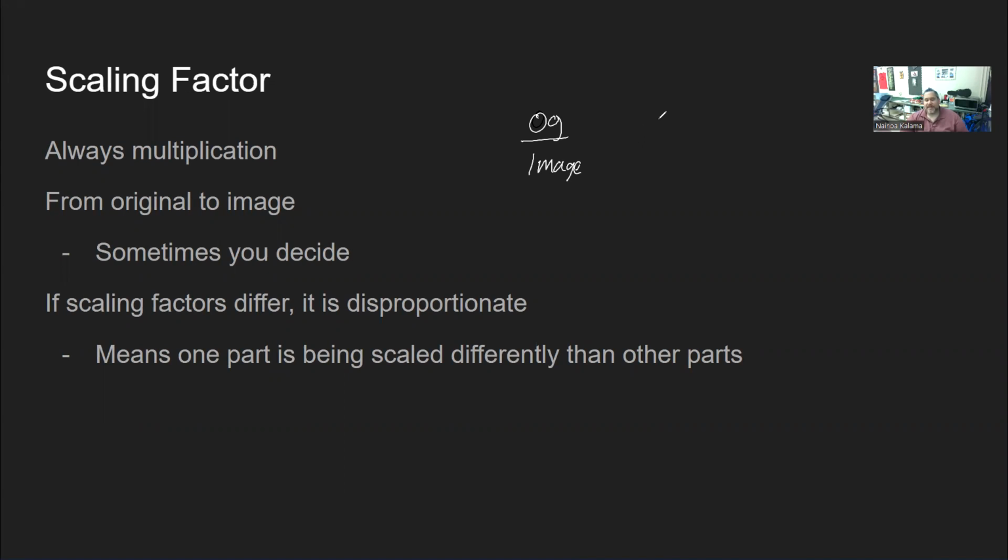Yesterday we talked about the distance between the eyes in the original and the distance between the eyes in the new one. Well, that should be the same ratio, the same relationship as the width of the face in the original and the width of the face in the image, right?